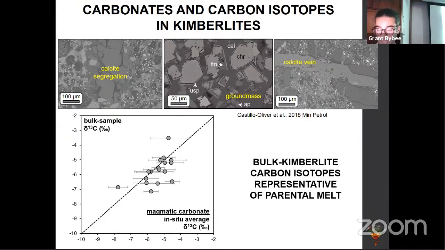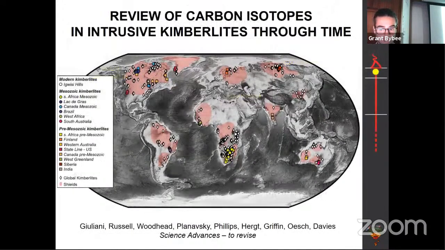So armed with this knowledge, myself and a bunch of colleagues moved on and measured something like 200 or so samples of kimberlites worldwide, from 140 localities, to complement the existing database. Importantly, we only looked at intrusive kimberlites, so volcaniclastic, pyroclastic kimberlites were not included in this compilation.